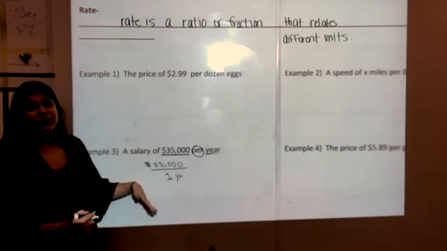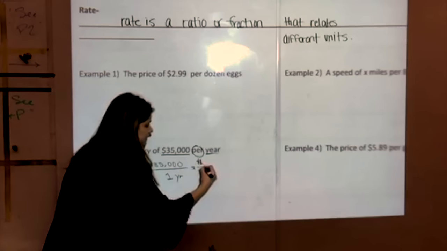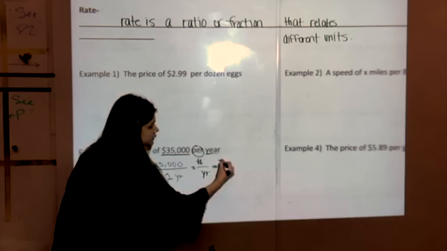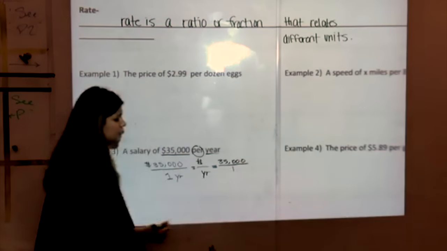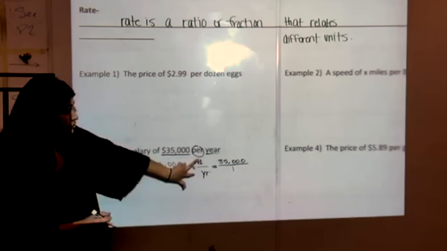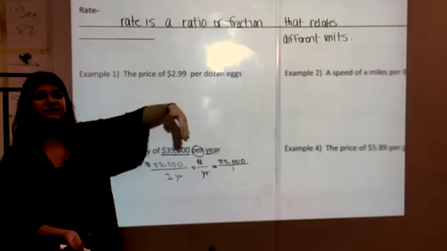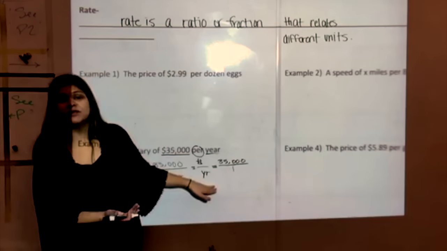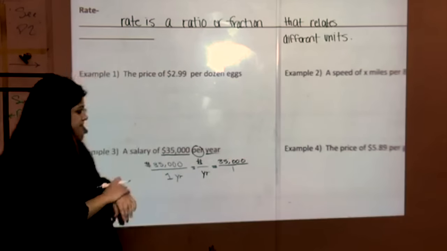If I want to write that without the units, I just have to remember that I put money on top and I put years on bottom, and this would be 35,000 over 1. It is really, really important to write down what your units are so you know that if you placed money in the numerator, it should stay consistent in the numerator. If you put time or years in the denominator, again, it should be consistent and stay in the denominator.